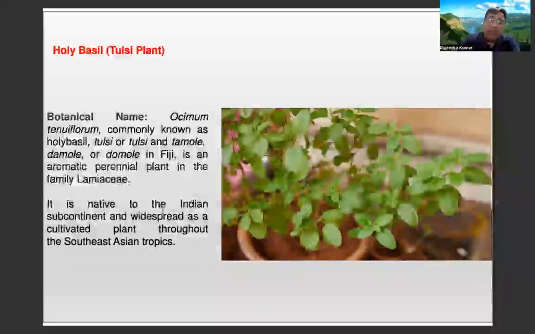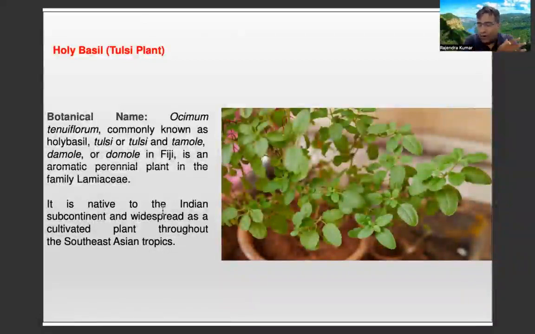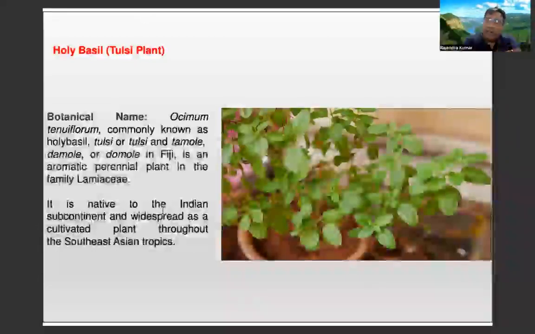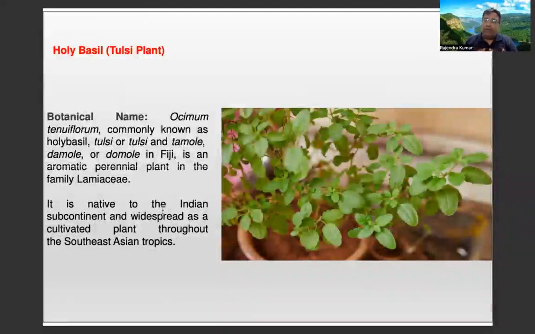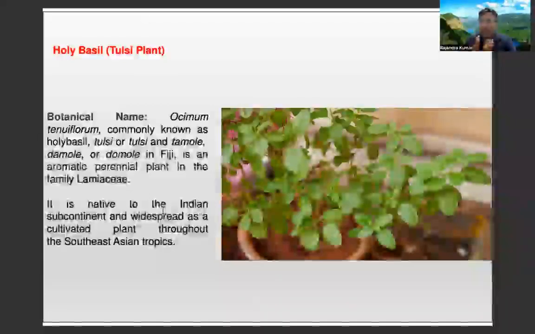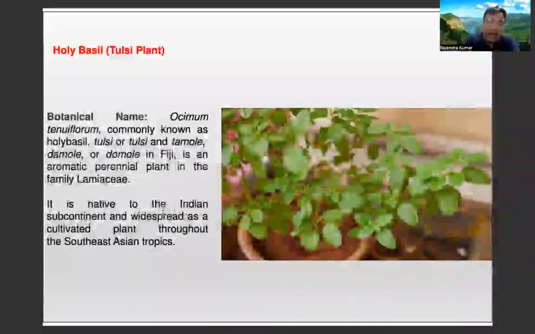tenuiflorum, and it is commonly known as holy basil, tulsi or tulasi, and there are different names in different parts of India, and also among Indians living abroad. So this tulsi leaf, or the basil leaf, is a kind of religious symbolism. Many times when we give a gift to a friend or family, we also give this as a small plant for their house, so that it can grow in their house.